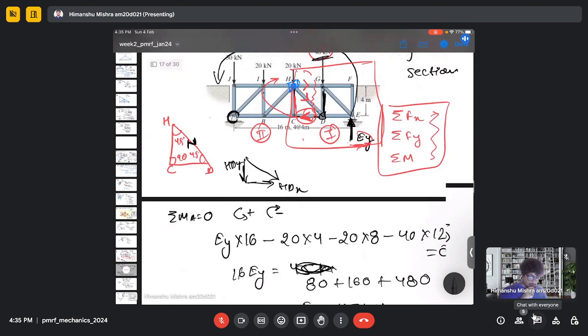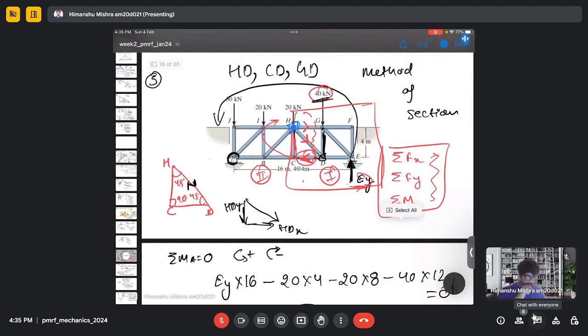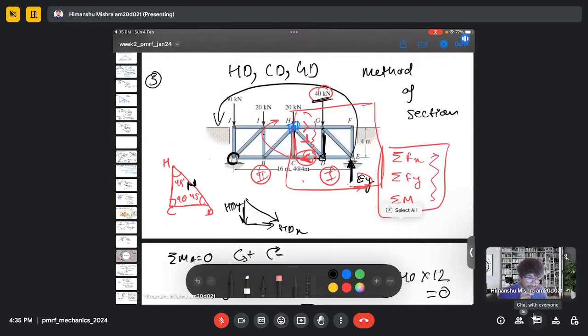So now we have used the method of joint to calculate the force in the GD, because you can see we have not cut this member. So we can use the method of section where we have cut the members. So we have not cut the GD member. Here we have used the method of joint to calculate the forces, and to calculate the force HG, we have used the method of section because we have cut the member HG.